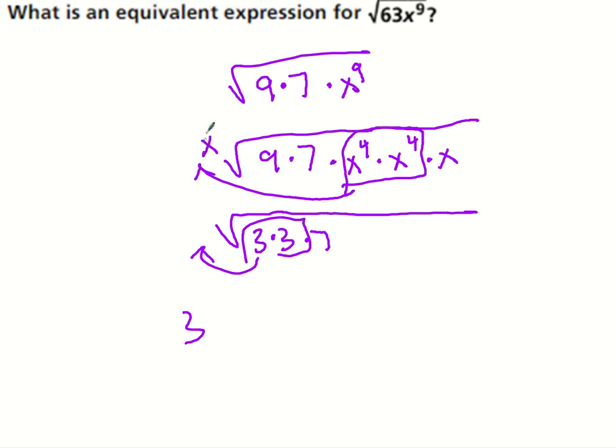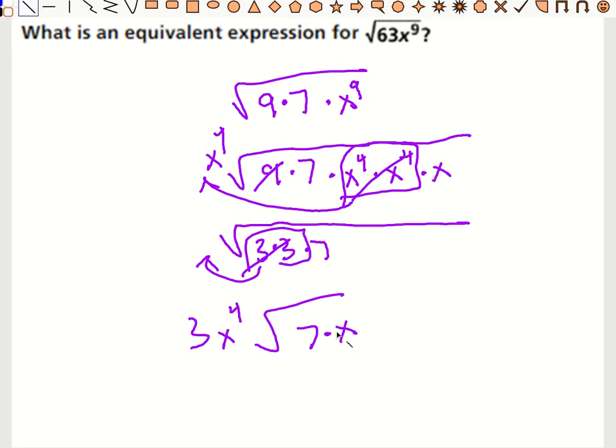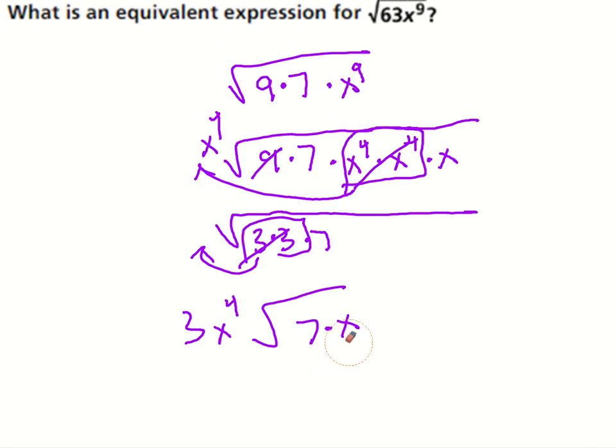So I can also bring that to the outside as well, because the definition of square root is what times itself. So because I broke it down to 2 different x to the fourths, I can bring the x to the fourth on the outside. So this is gone, and now I'm left with 7 times the square root of x, which is really just 7x.